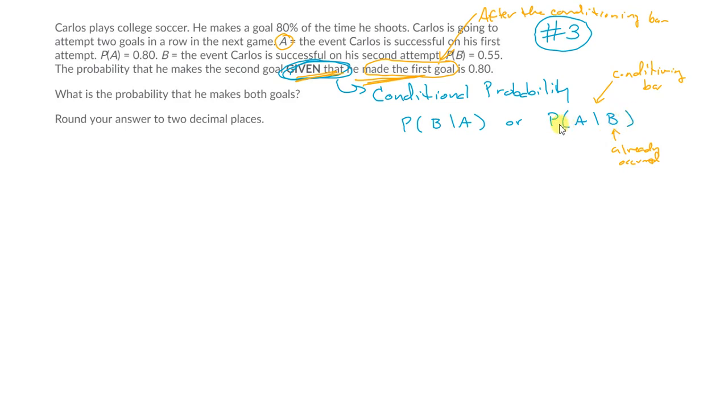So even though we can think about probability of A given B, that's not what they're asking for in the problem. In the problem, they want to know probability of B given A, because they want the probability of B given that A has already happened. So the first goal has been made, has occurred.